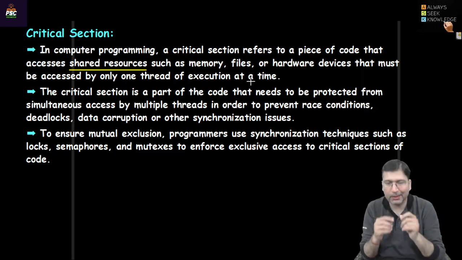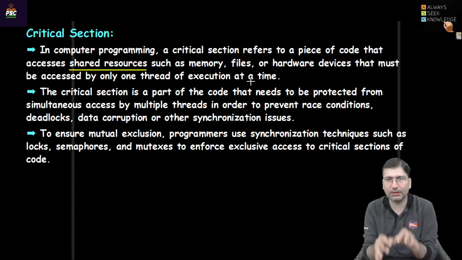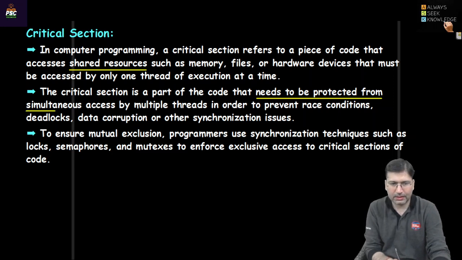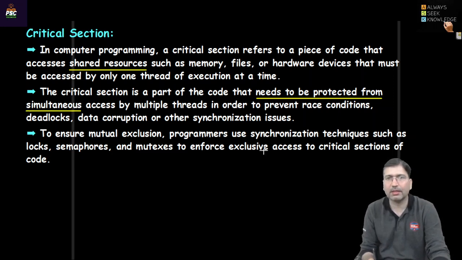If more than one process starts manipulating or updating the same resource at the same time, there will be a mismatch in the data. The critical section is a part of code that needs to be protected from simultaneous access. Such code we consider as critical section.